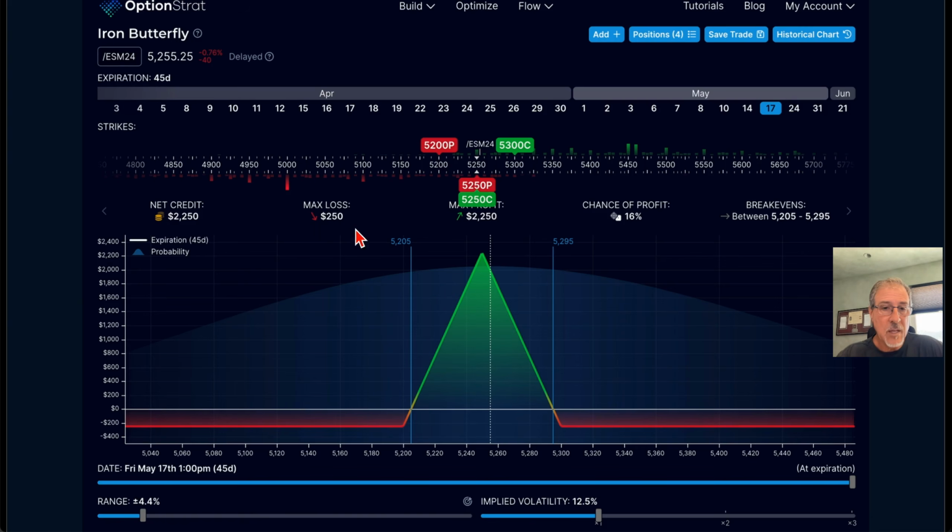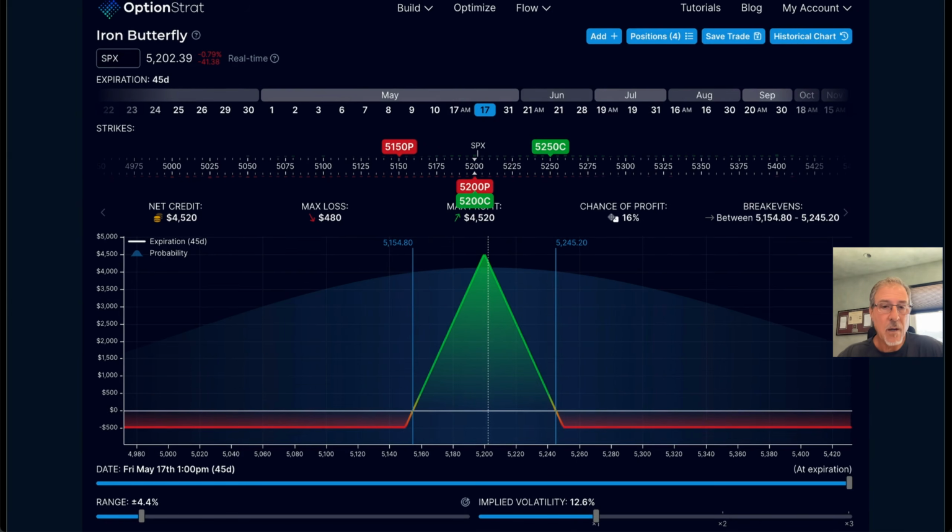So you're going to see that these numbers are essentially half of what they were for SPX. I put on this exact same trade. I've got a max risk of 250, where it was 480 here. And I also took these snapshots a couple minutes apart. It's essentially half. Likewise with the potential profitability as well.